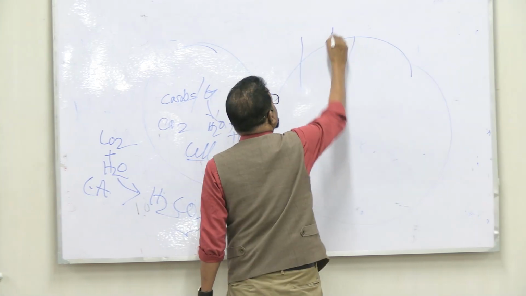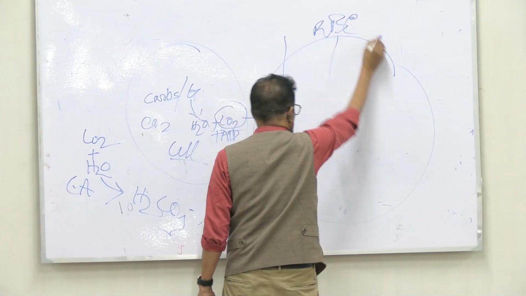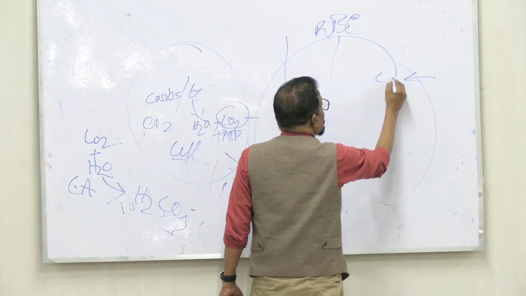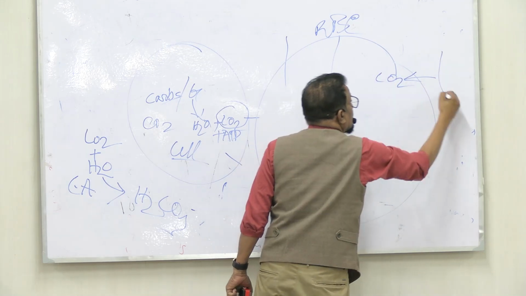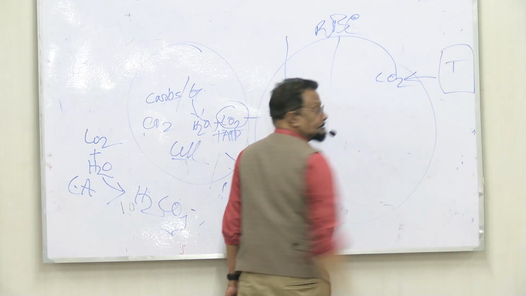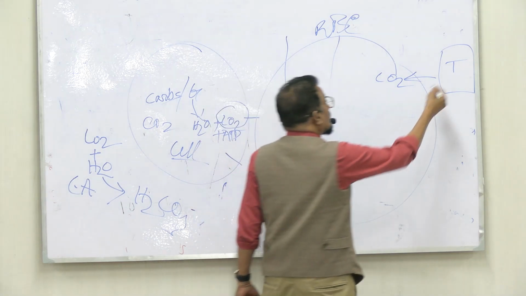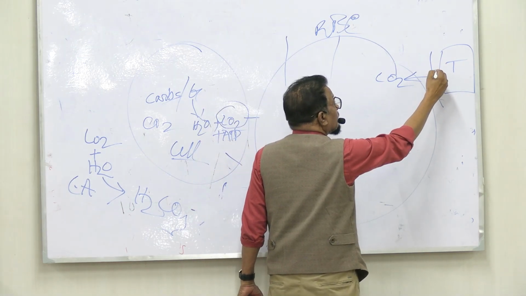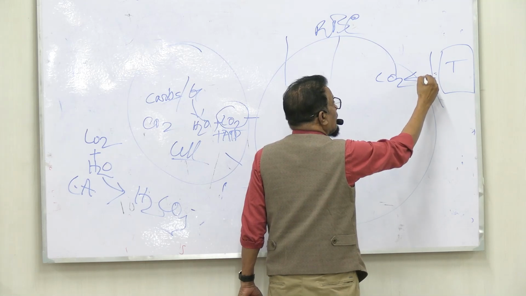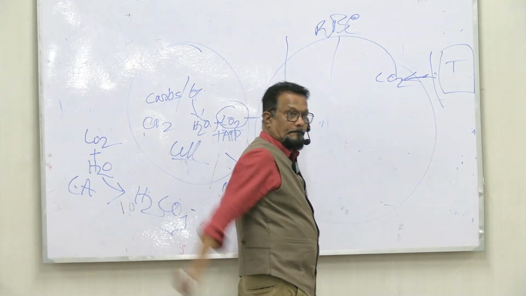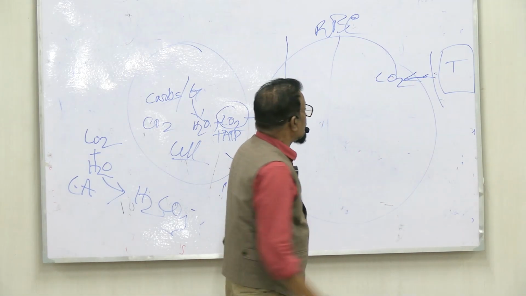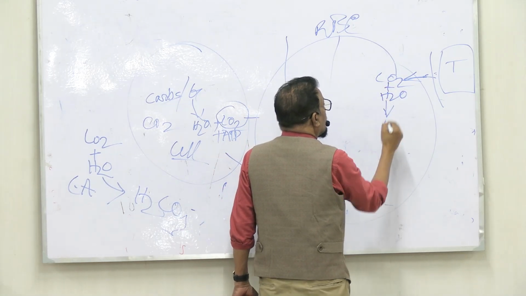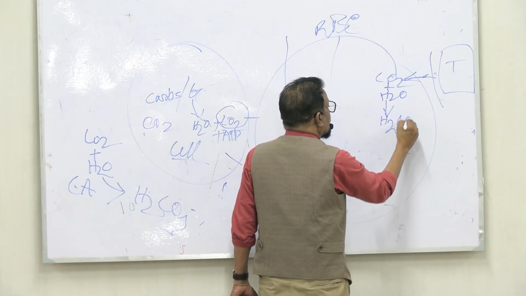This is the RBC. So here what happened? Carbon dioxide has entered from tissue cell to extracellular fluid, from there into the blood plasma, from there into the cell, RBC. So here it will combine with water and it will form H2CO3.